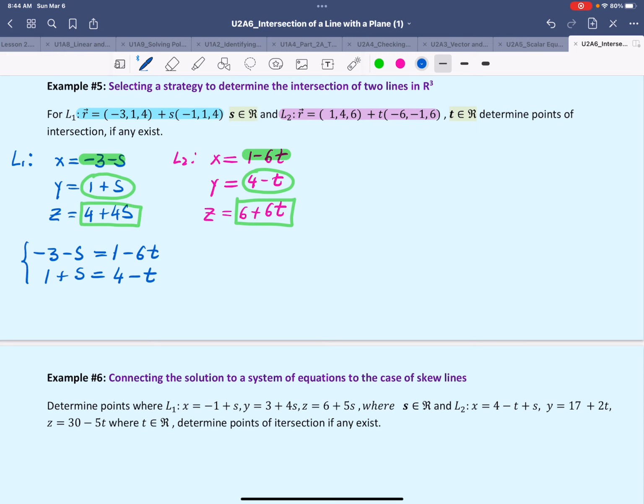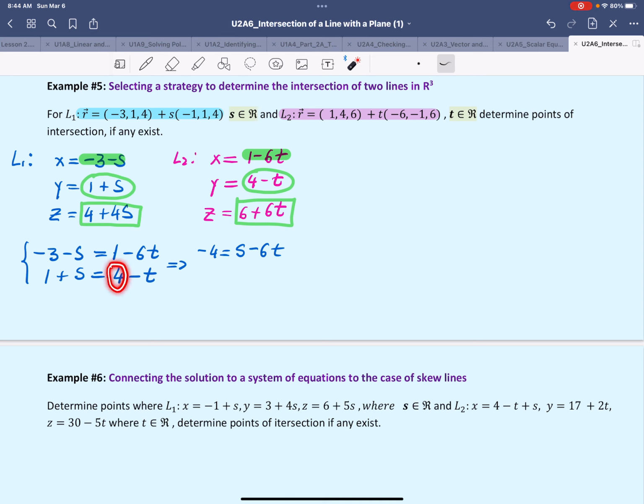So we'll simplify each equation. So what we have in here is -3, bring 1 to the left side, so that makes a -4. And bring -s to the other side, make it positive s minus 6t.